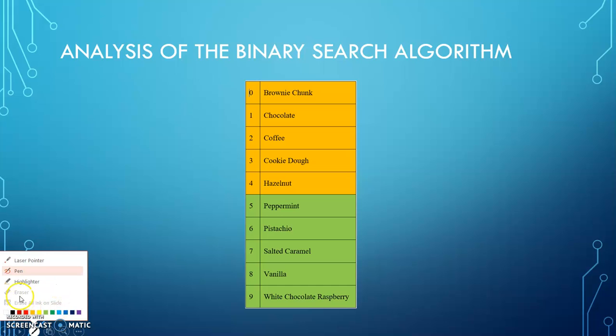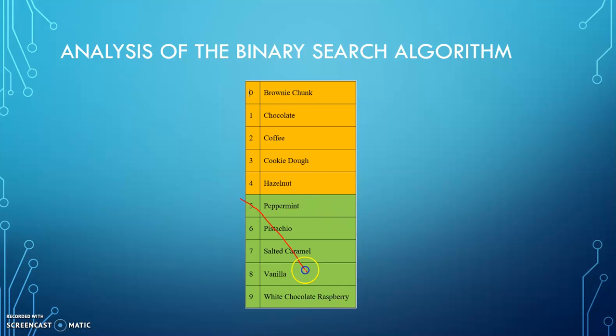We have eliminated this entire bottom portion, and now we can focus on this portion. Okay, so we've cut the array, or the area of interest, in half. And so the new midpoint becomes the midpoint of that new half. And, okay, so is chocolate less than or greater than coffee? And again, it's less than, so all right, great.